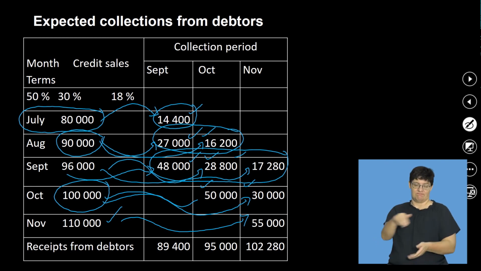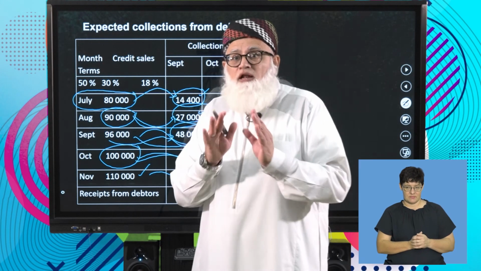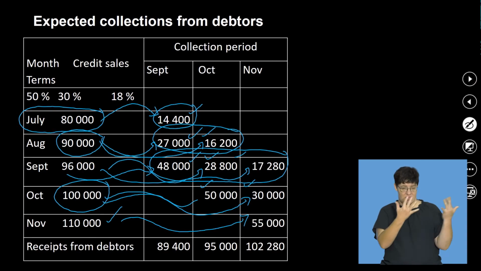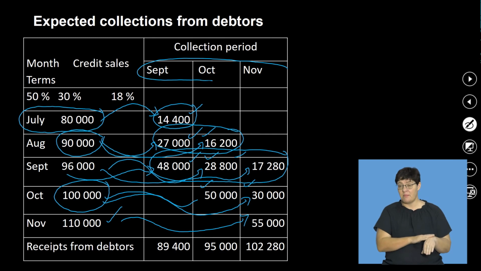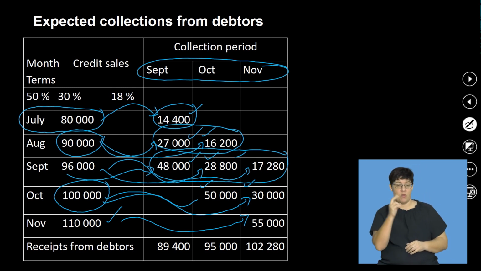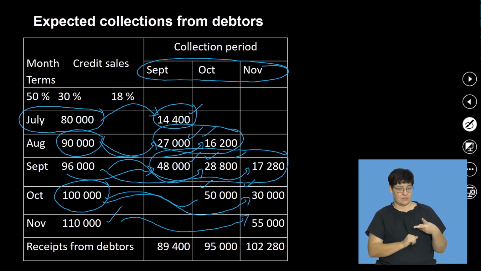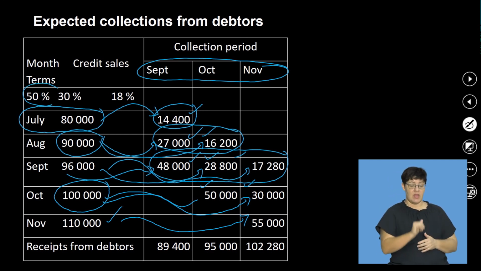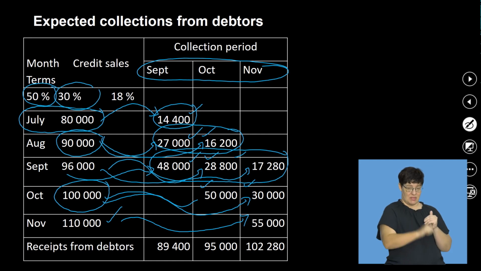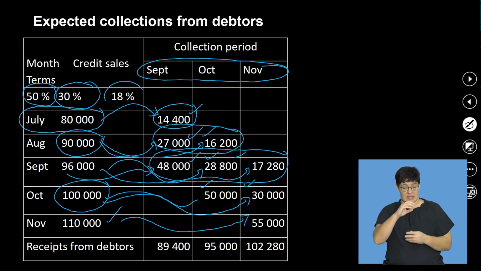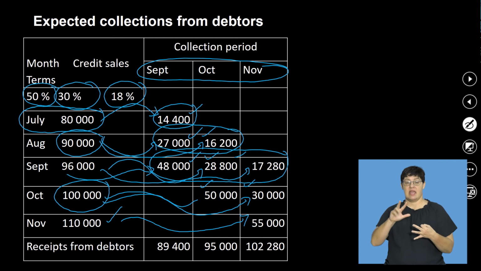What we now do is, once we've calculated all the months, remember our budgeted period is September, October, and November. Number 1. Number 2, how are my debtors paying me? 50% in the month of sale, 30% in the second month of sale, and 18% in the third month after the month of sale.